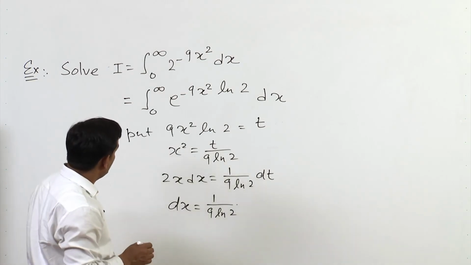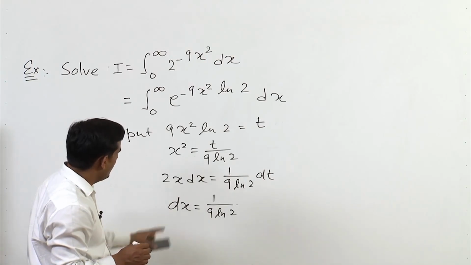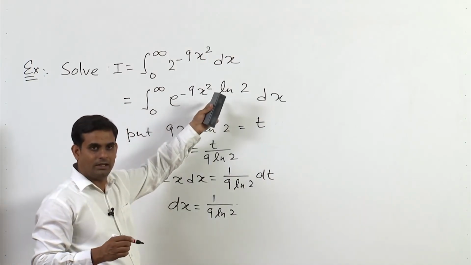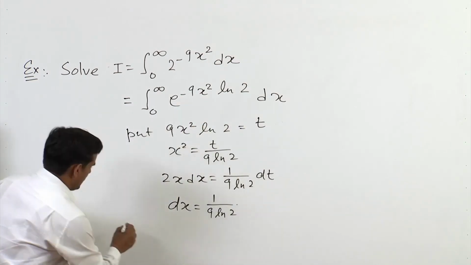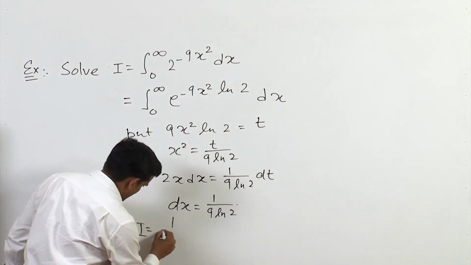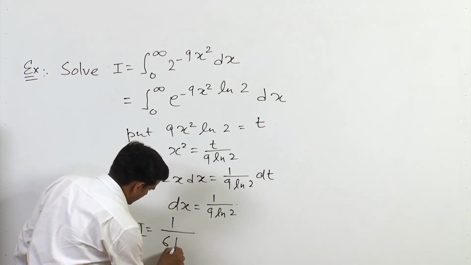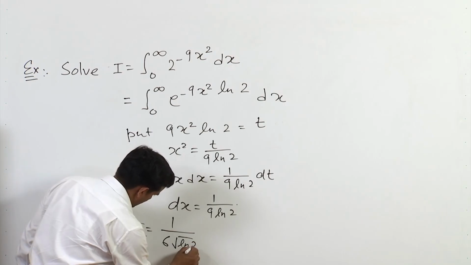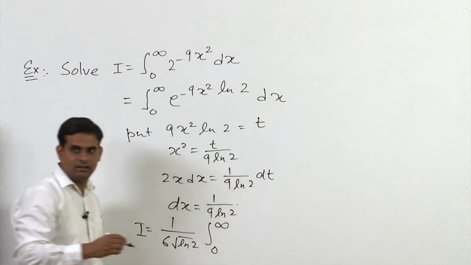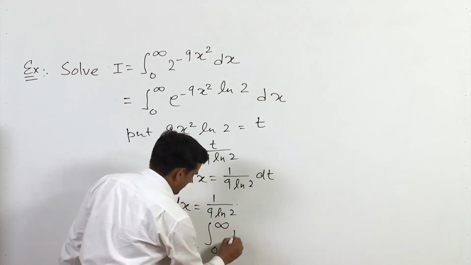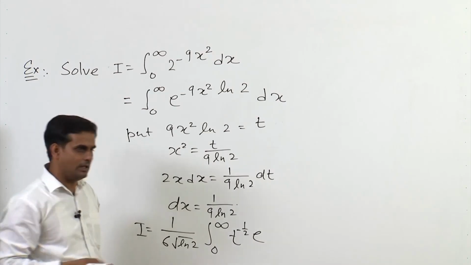So, 1 upon 2x we need to find out from here, and then after putting here it will come in the standard form of gamma function, and from there we can write I equals to 1 upon 6 square root ln 2 ∫ 0 to infinity t raised to power minus half e raised to power minus t dt.